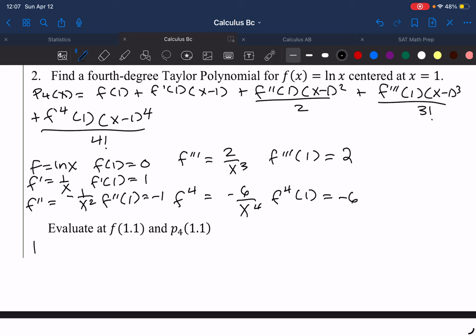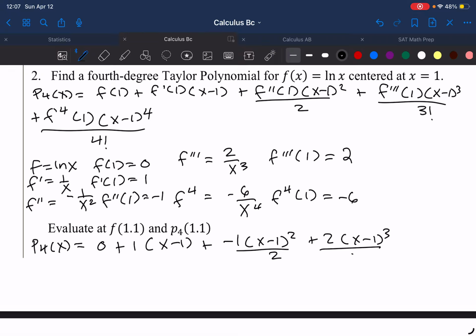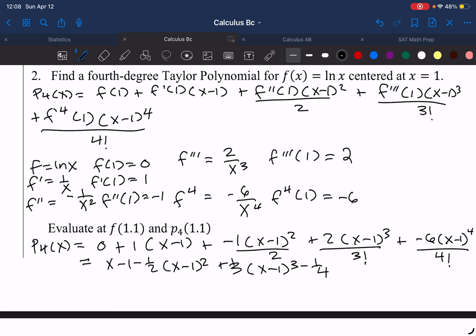So this gives me p sub 4 of x is equal to 0 plus 1 times x minus 1 plus negative 1 times x minus 1 squared over 2 plus 2 times x minus 1 cubed over 3 factorial plus negative 6 times x minus 1 to the 4th power divided by 4 factorial, which is x minus 1 minus 1/2 x minus 1 squared plus 1/3 times x minus 1 cubed minus 1/4 times x minus 1 to the 4th power. So this is what it would be simplified.